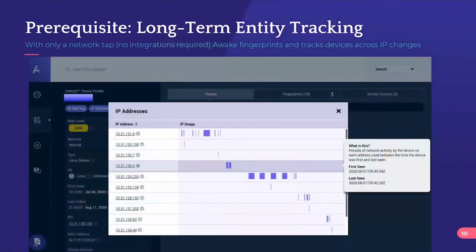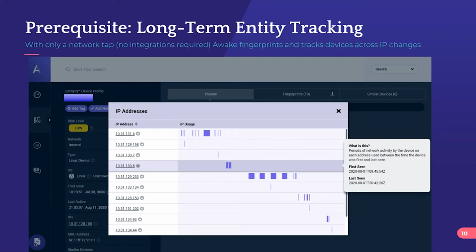All right. So before we get into an example of how this works, there is one prerequisite topic to address here, and that is understanding what you're looking at over time. It is extraordinarily common for workstations like laptops in an enterprise to have a half dozen different IP addresses in a single day, or a single IP address in a conference room or common area to have a half dozen different devices on it in a single day.